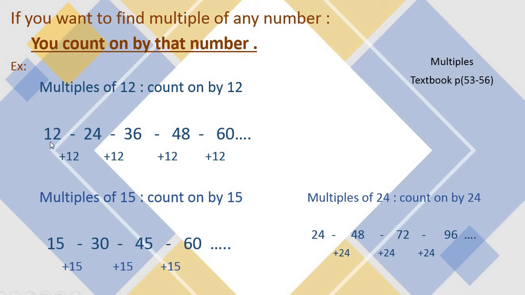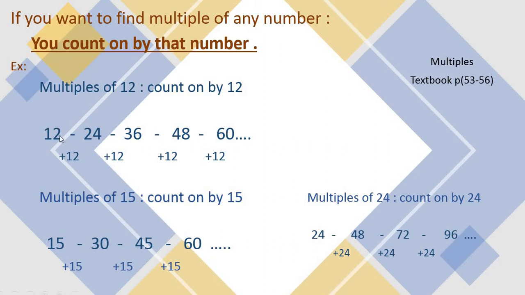If I say 12 times 1, repeat the 12 one time, you will have 12. If you repeat it 2 times, you have 12 and 12, so you have 24. So this is the second step, 2 times 12 equals 24. 3 times 12 equals 36. 4 times 12 equals 48. 5 times 12 equals 60.